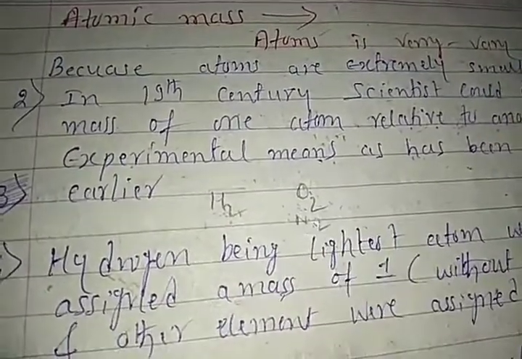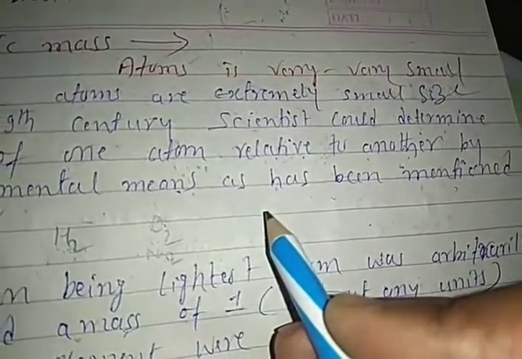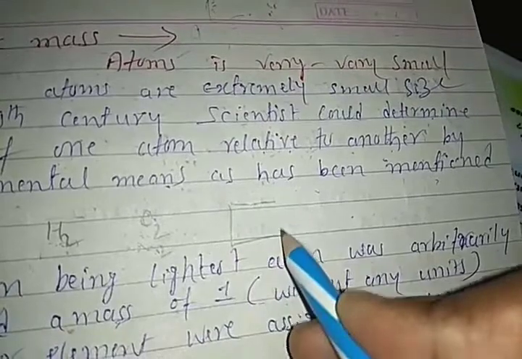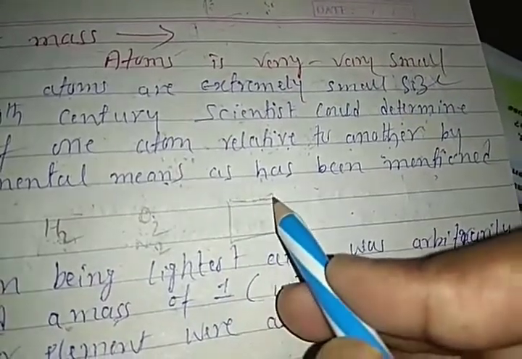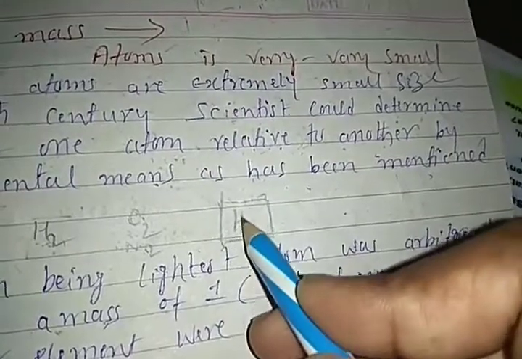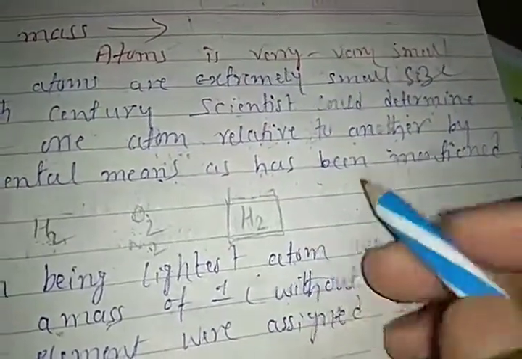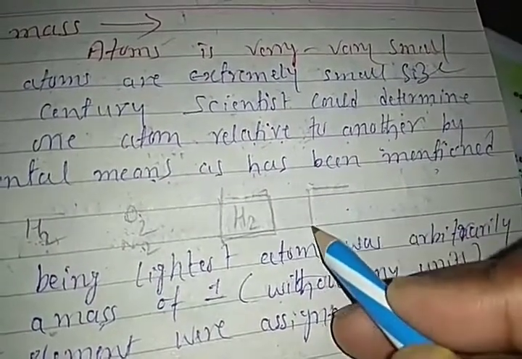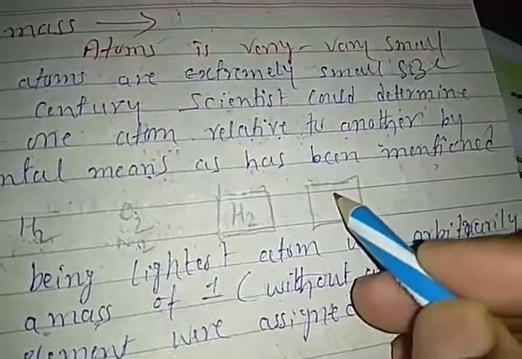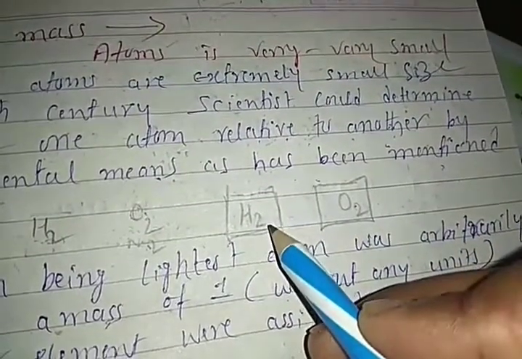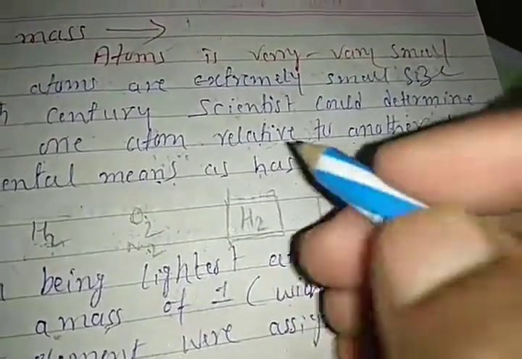Right, students? So how do we calculate? Just look here. According to the Avogadro hypothesis, at the same constant temperature and pressure, in one container we have hydrogen gas, and in another container we have oxygen gas.